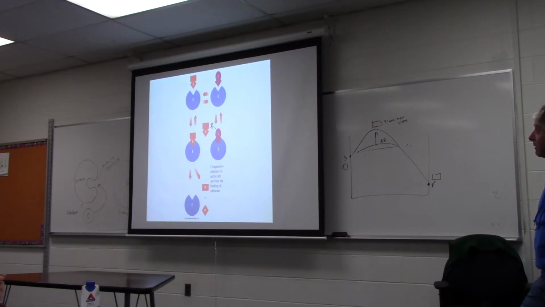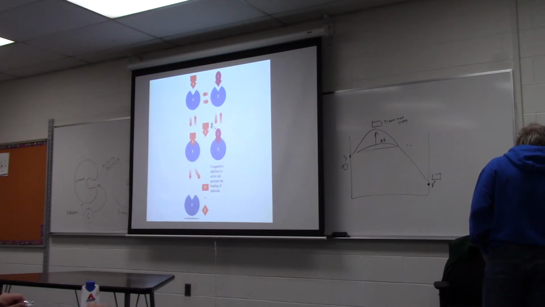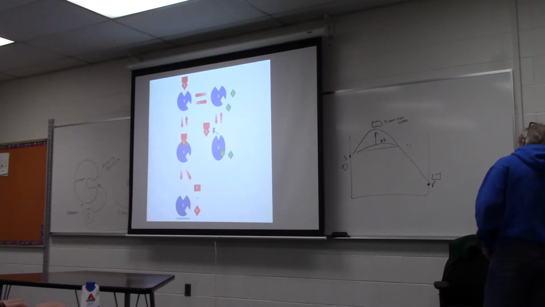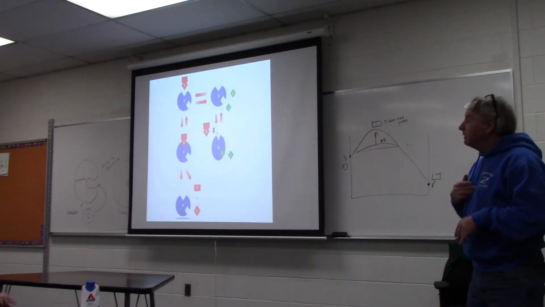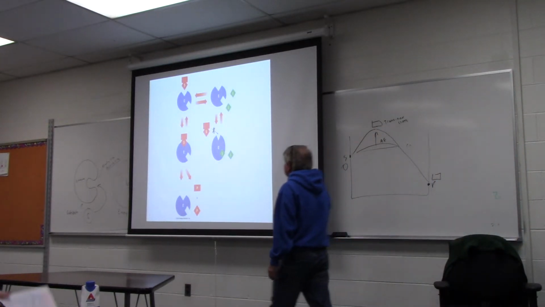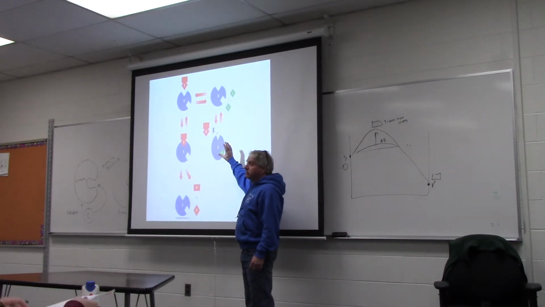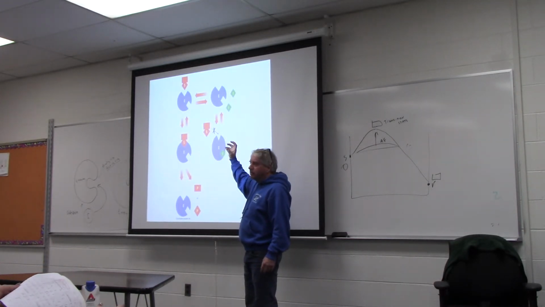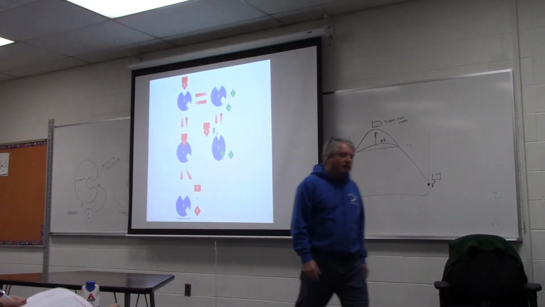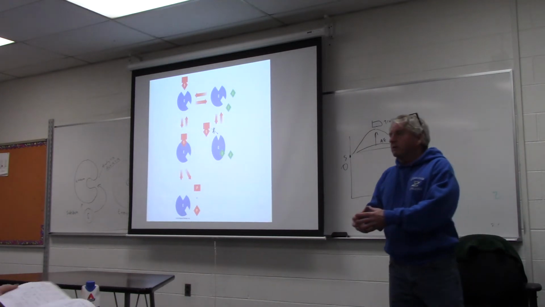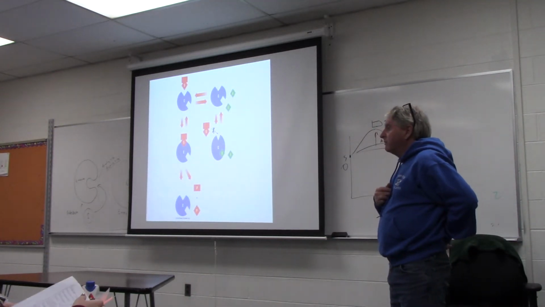And so they compete for the same site. And then there's non-competitive, where the non-competitive inhibitor will bind to another site and cause the shape of the enzyme to change so it doesn't bind the substrate anymore, and it shuts it down. One is direct, it actually binds the active site, one does it somewhere else.